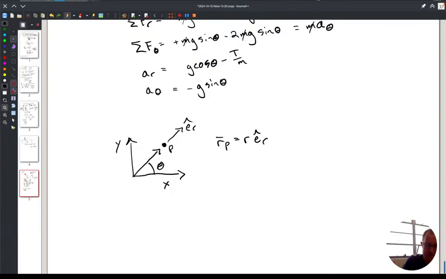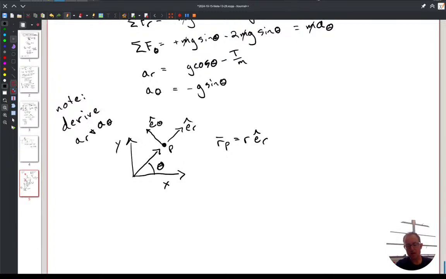Theta is the angle that describes that unit vector. So then E theta is going to be pointing up this way. So the only unit vector that I need to describe position is ER, because it's always in that ER direction. So let's derive a_r and a_theta.